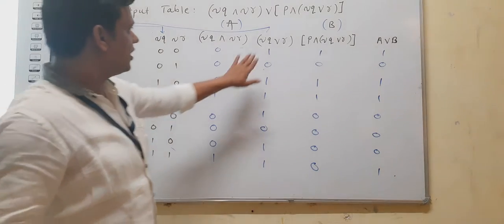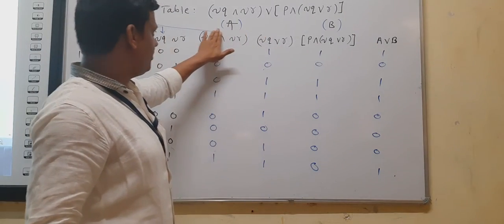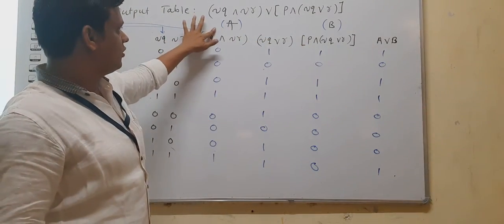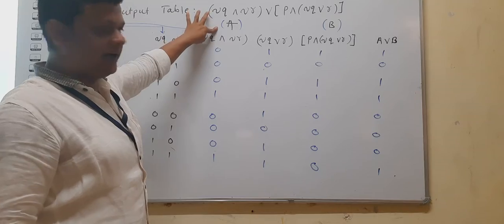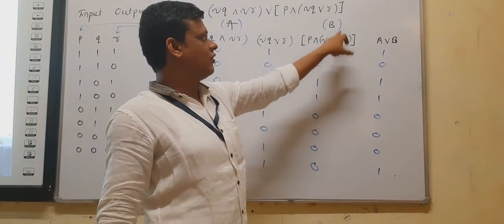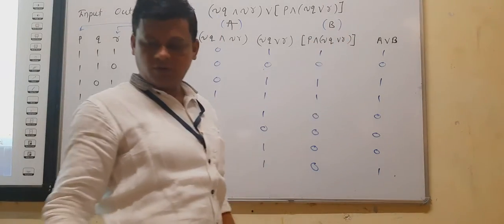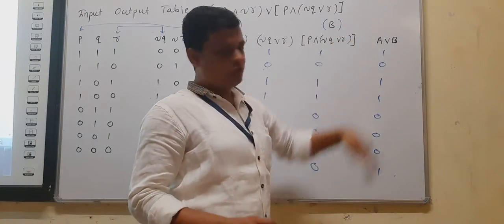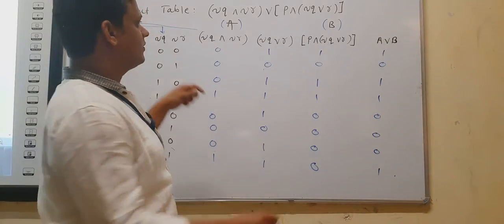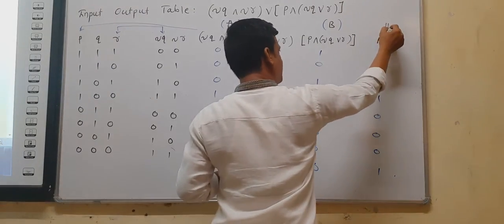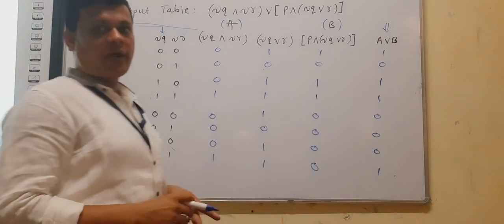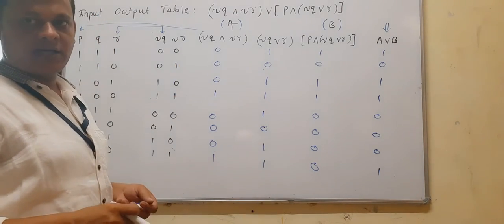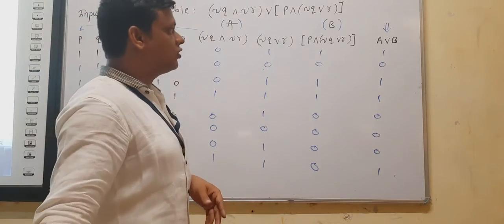We have to take the disjunction between these two columns. For our convenience, we denote this column by letter A and this last column by letter B. We have to write the disjunction between A and B, so we prepare A or B. Again here is the disjunction, so we apply the rule: if both the entries are 0, then only the result is 0, otherwise 1.